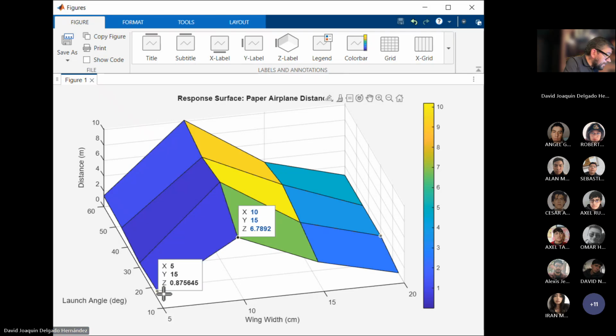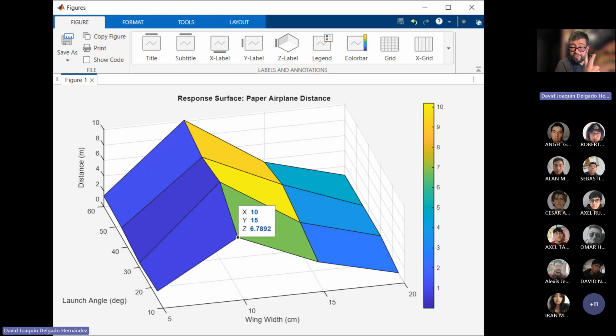Okay, what happened with the angle again? At the beginning, I only had these two different angles, which were 15 and 60 degrees, okay? But now I have introduced more angles. So look, here you have a better combination, okay?